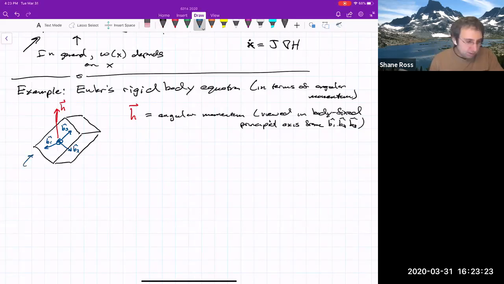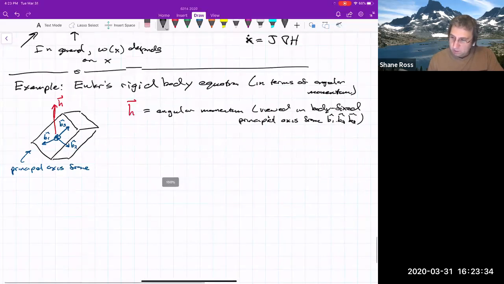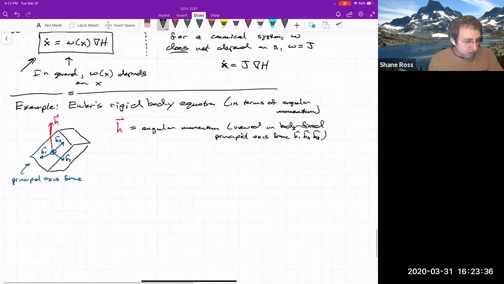I guess just to remind us, this is the principal axis frame. The components of H are H1, H2, H3.